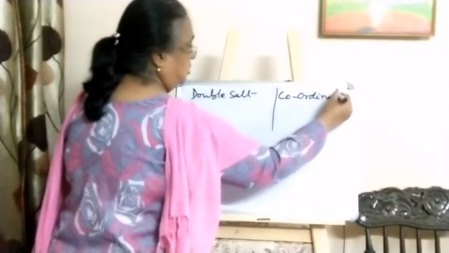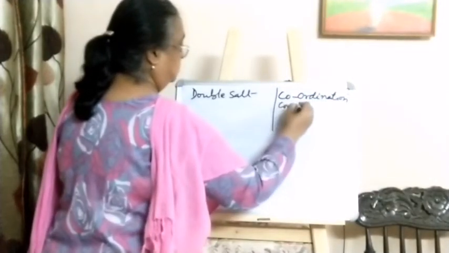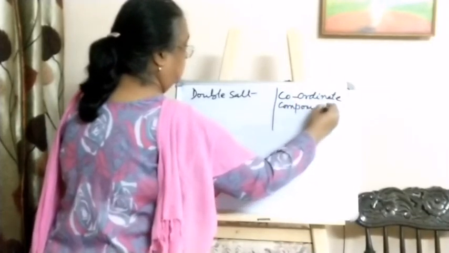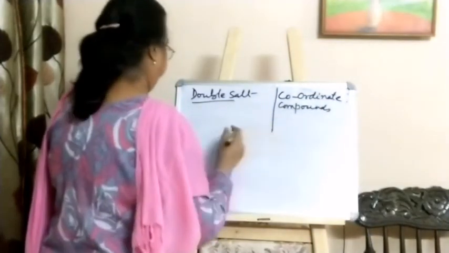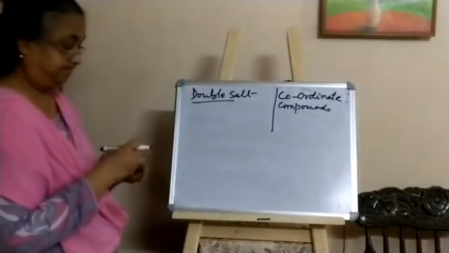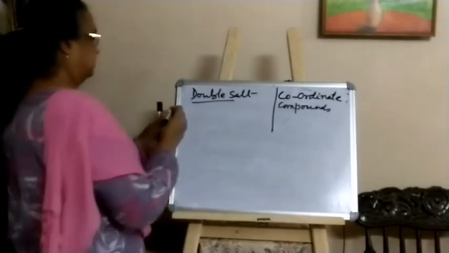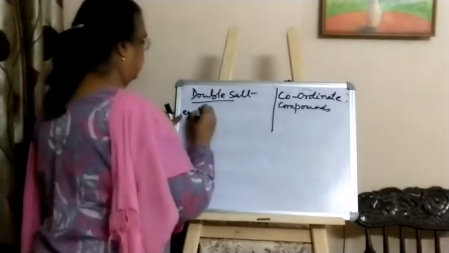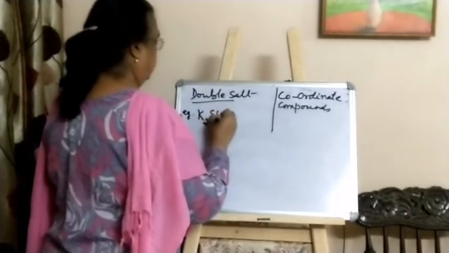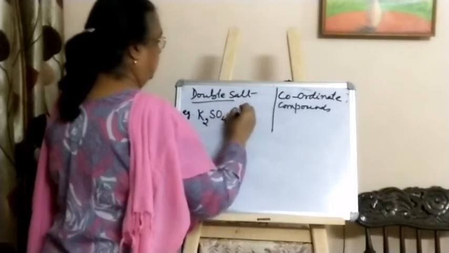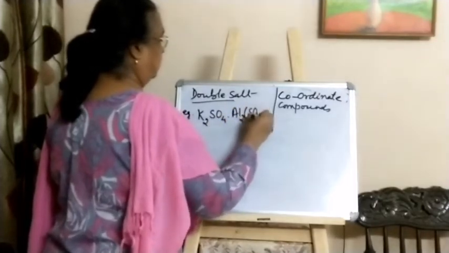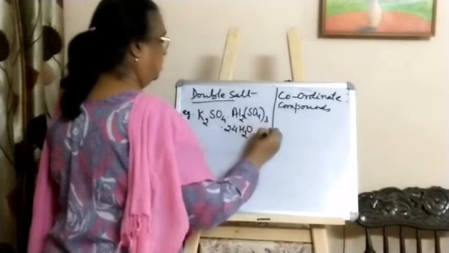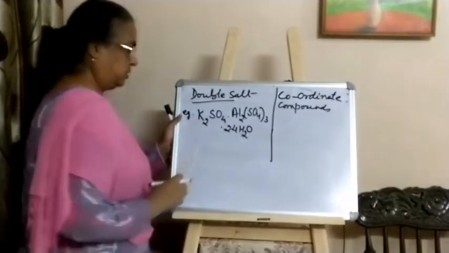For example, double salt: you have studied potash alum, K2SO4.Al2(SO4)3.24H2O. You have studied this compound. This is potash alum.